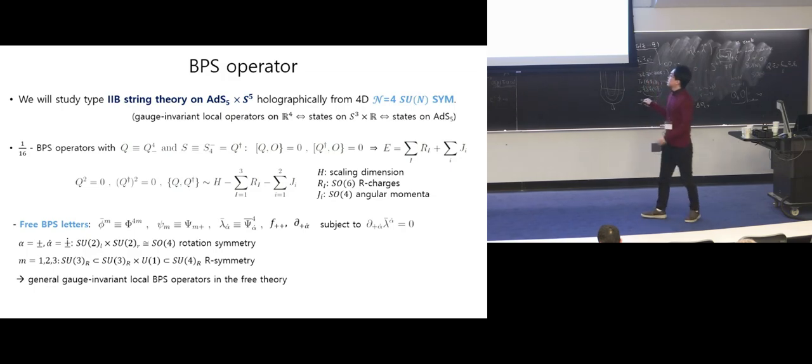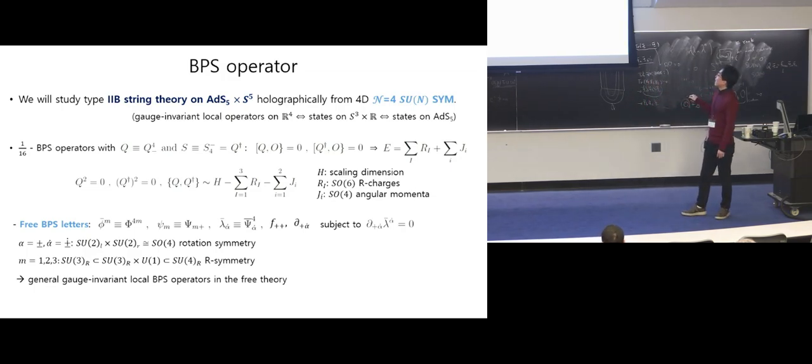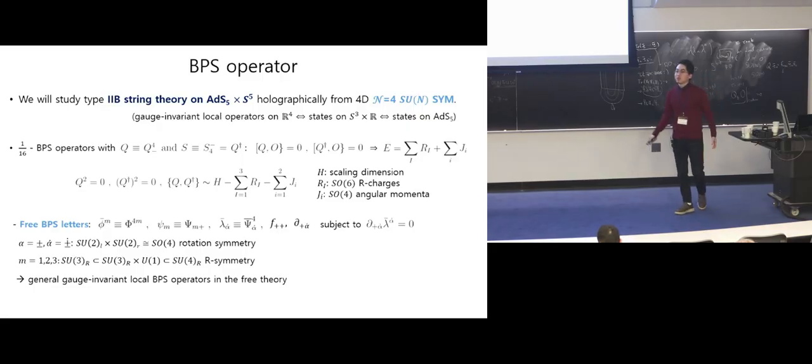We have 3 scalars, 3 fermions, 2 gauginos, and the anti-self-dual part of the field strength, and you can act with an arbitrary number of holomorphic derivatives on them. And you can multiply these operators, which will give you the general gauge invariant local BPS operator in the free theory.